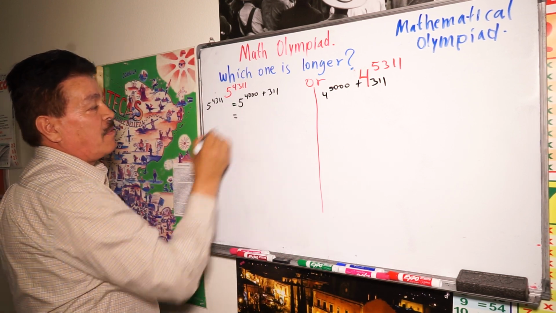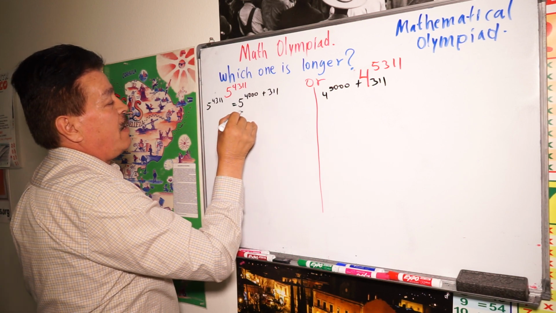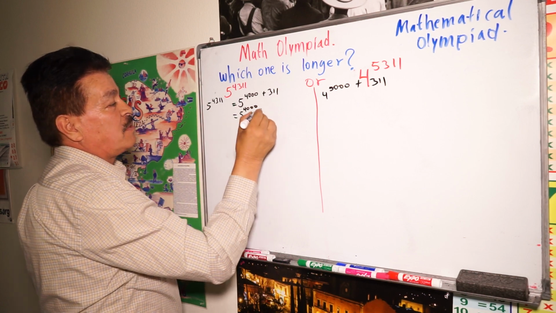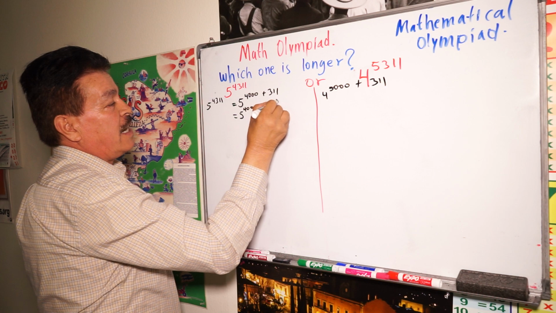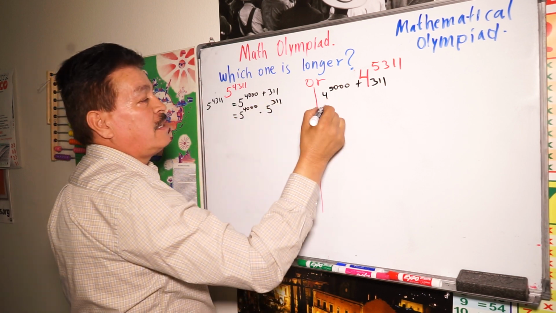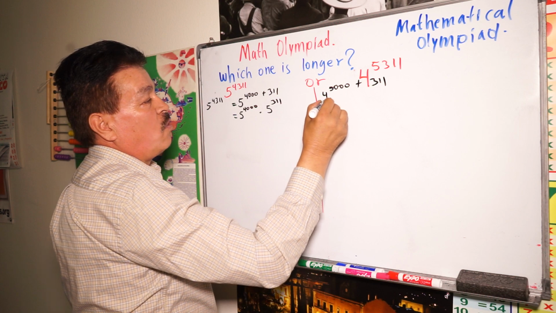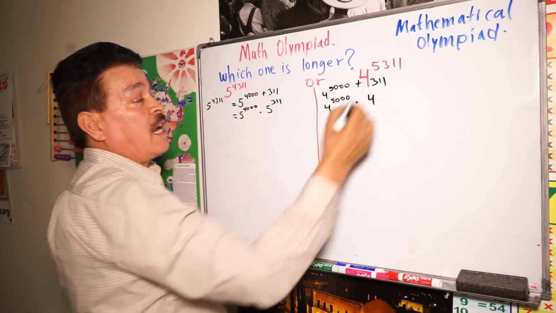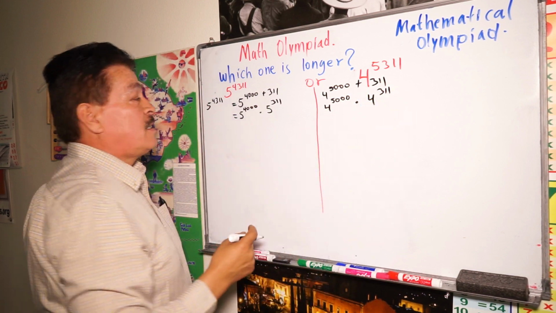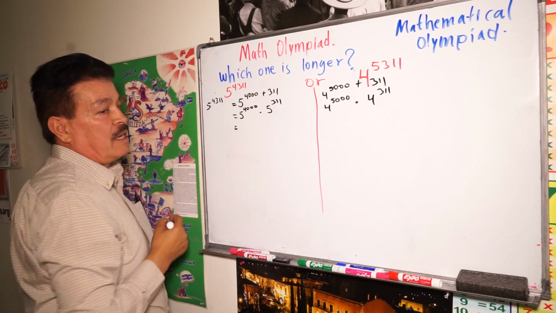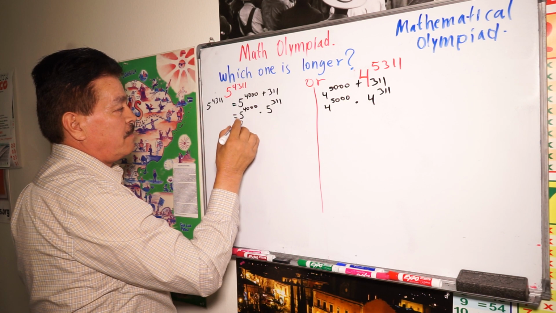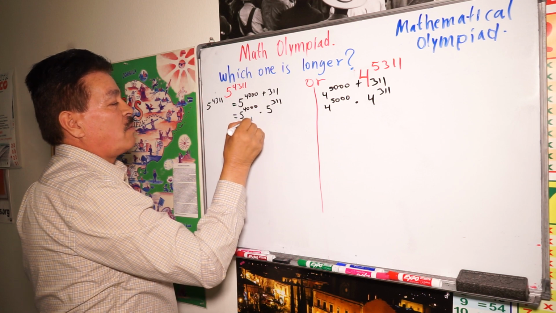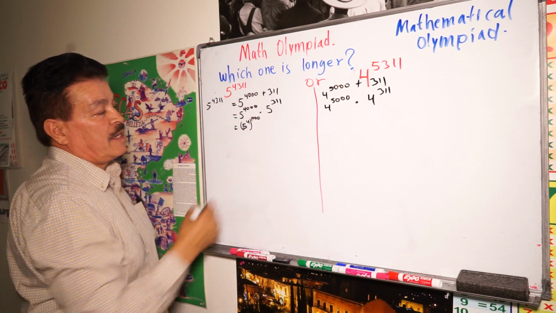So next step: 5 to the 4,000 power times 5 to the 311 power. And on this side we have 4 to the 5,000 times 4 to the 311. All right. Next step, we're going to change the number here. Let me write 5 to the 4th power, to the 1,000 power, times 5 to the 311.